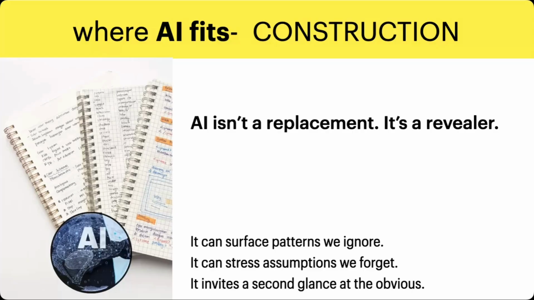But where does it fit? Certainly, AI, we all know, is not a replacement, but that's easier said than practiced. But certainly, it's a revealer. It is a brilliant aid to help us surface patterns of issues.